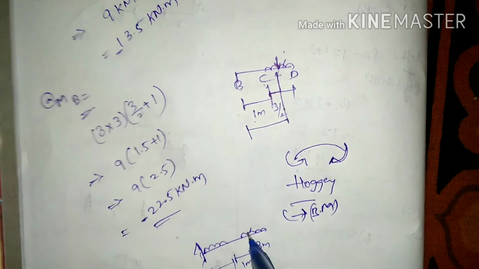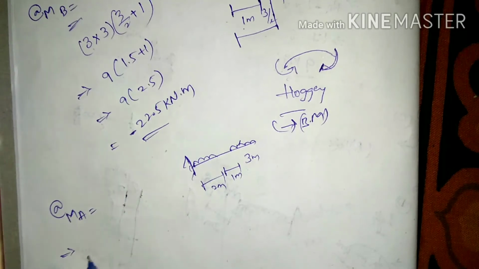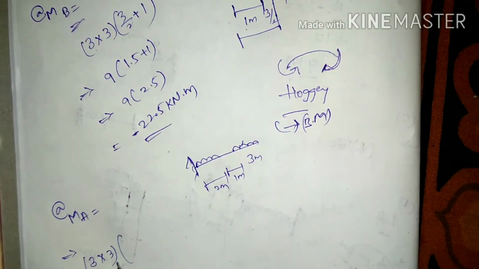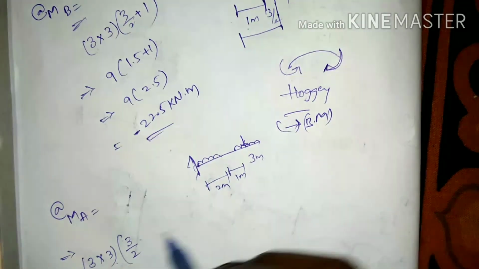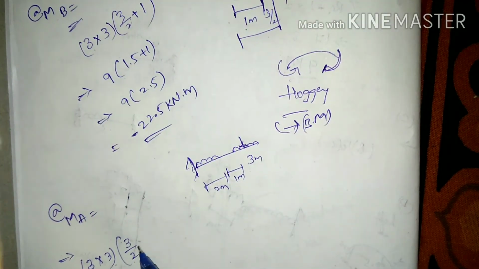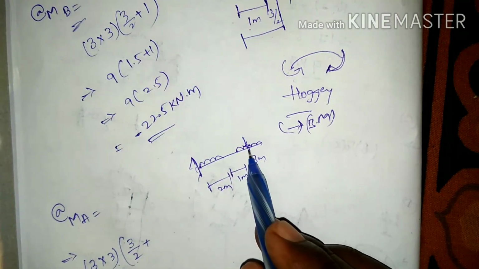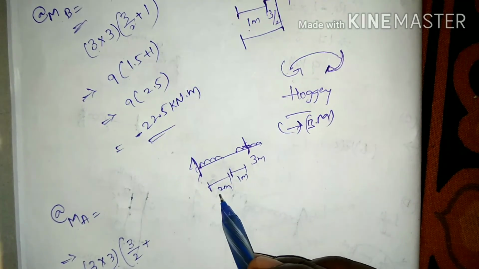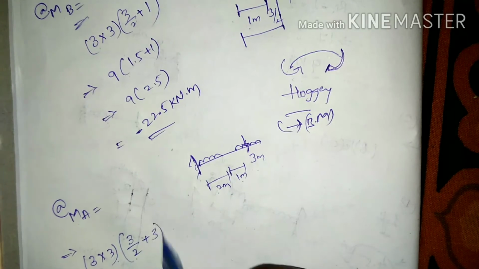That is equal to 3 kN per meter multiplied with 3, converted as a point load, taking the moment at the midspan of the beam with a 3/2 distance, and from here to A the distance is 2 plus 1 plus 3/2, that is 3 meters.